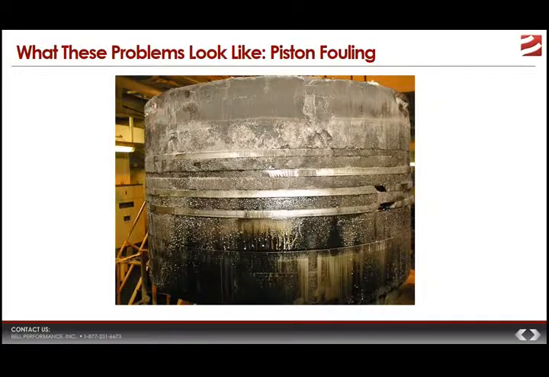That's not normally supposed to look like that. And when you get a piston that's fouled to this extent, this is going to be really expensive. This is a problem that did not just happen instantaneously. This problem developed over a long period of time.